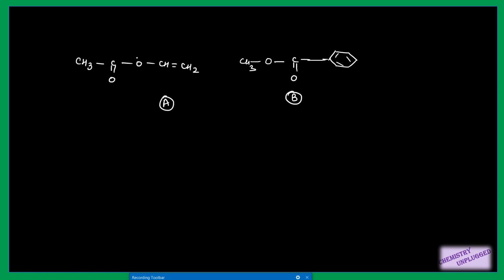So what will happen, this double bond will pull electron density towards it. So we will have an oxygen here which has positive character on it, so it can pull electrons from CO more efficiently towards it.